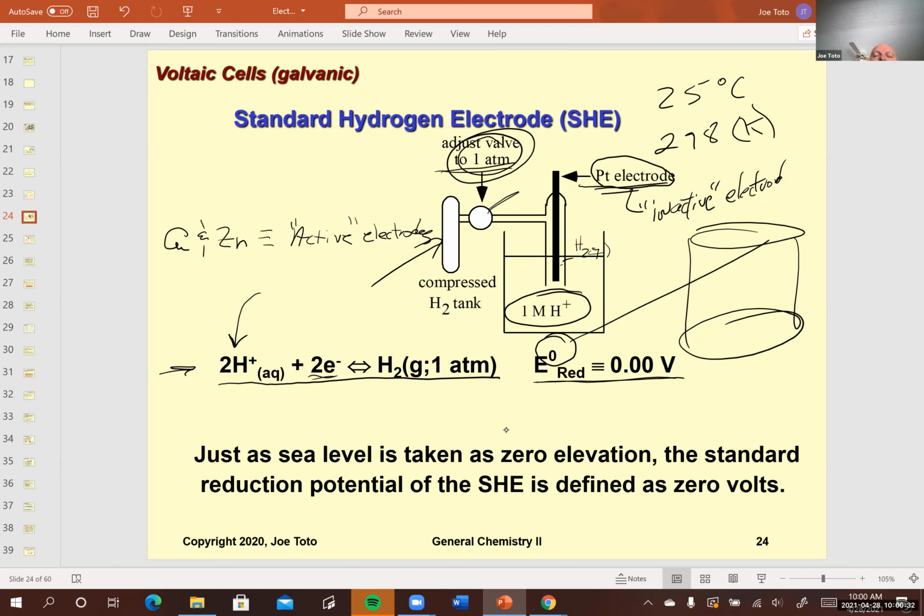Now, in lab, when you do this, there's going to be one half cell that you're going to use that needs an inactive electrode, but you're not going to use platinum. You're going to use graphite. So sometimes we use graphite.